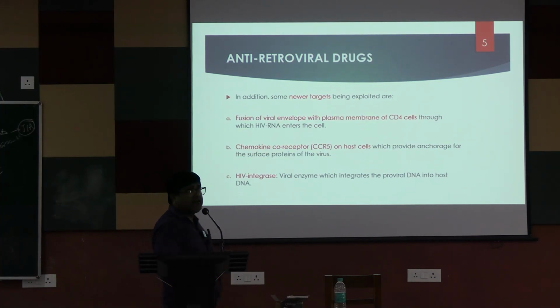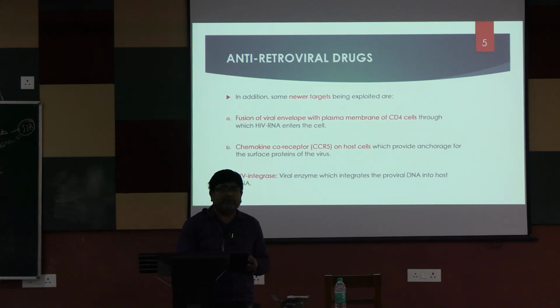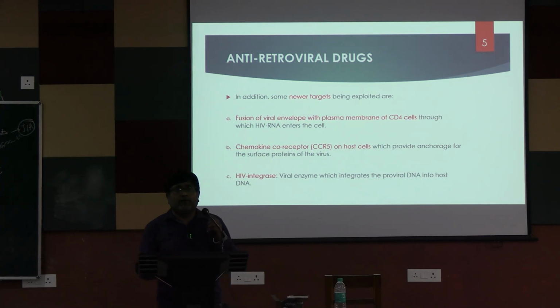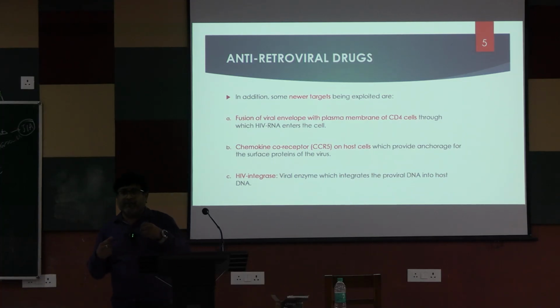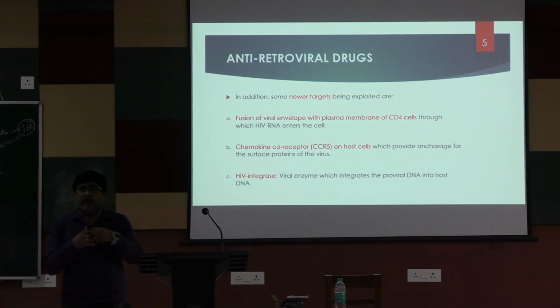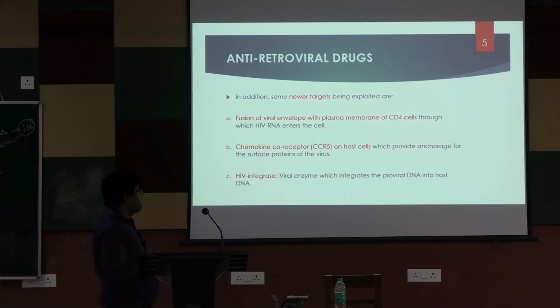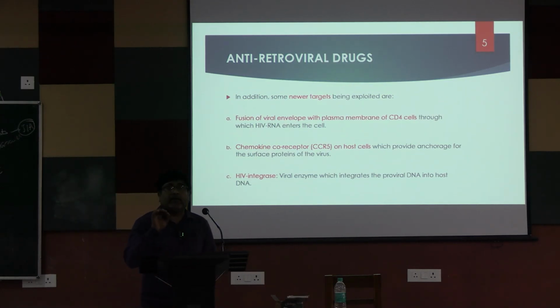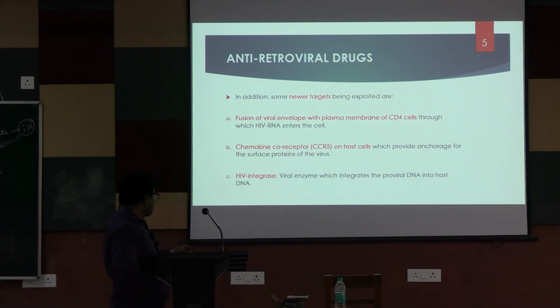In addition, certain new targets have been developed. Number one, fusion inhibitors. The membrane of the HIV virus fuses with the plasma membrane of the host cell, and this phenomenon is inhibited by fusion inhibitors, also called entry inhibitors. The drug here is Enfuvirtide.